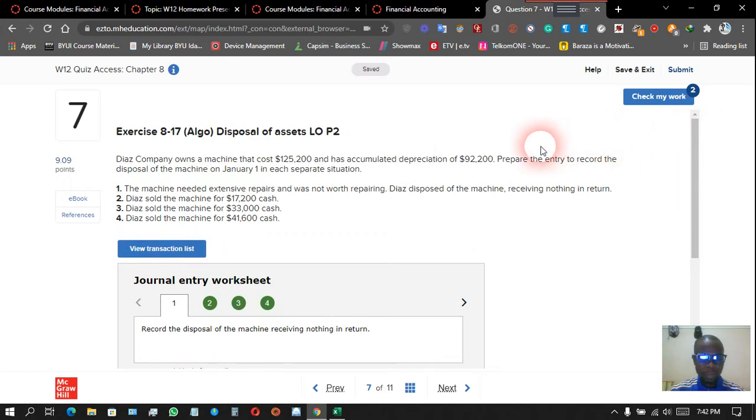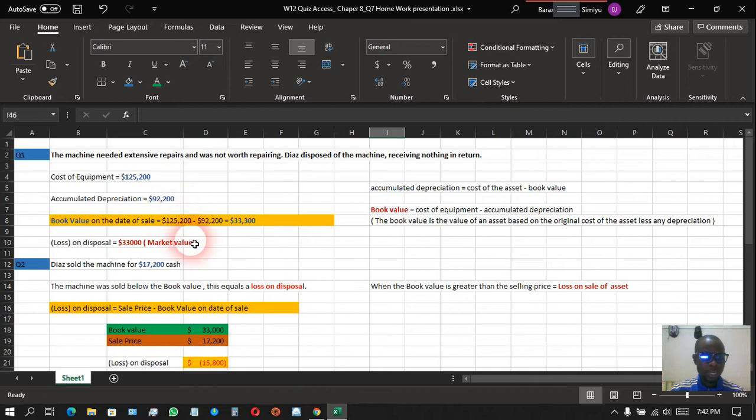Now, the first thing we have to calculate is the book value. Now the book value is the cost of the equipment minus the accumulated depreciation. Therefore the book value is the value of an asset based on the original cost of the asset less any depreciation.